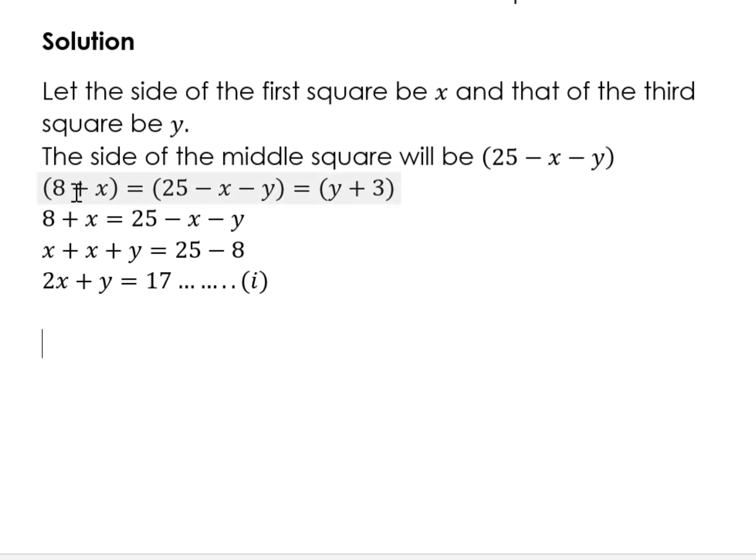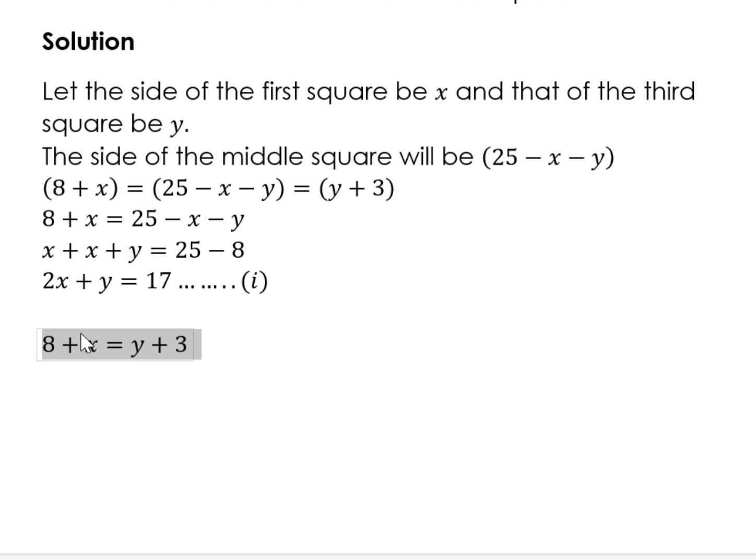Then we also take this algebraic expression and equate it with this one. You can also take this and this, it does not matter, but I've decided to take this one because it's a bit shorter, and we equate them. So we shall have 8 plus x being equal to y plus 3. Let's take y across the equal sign.